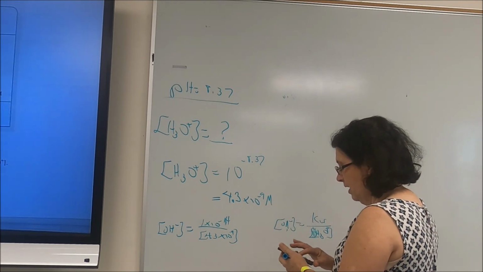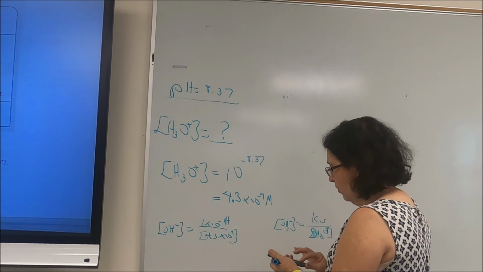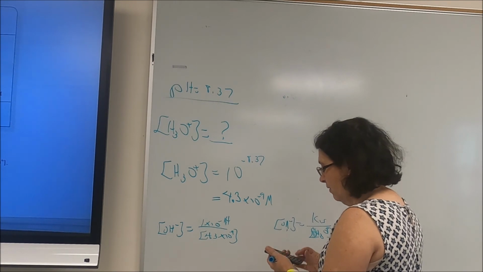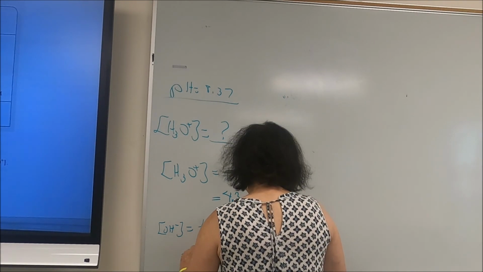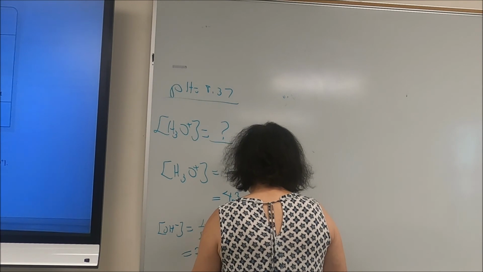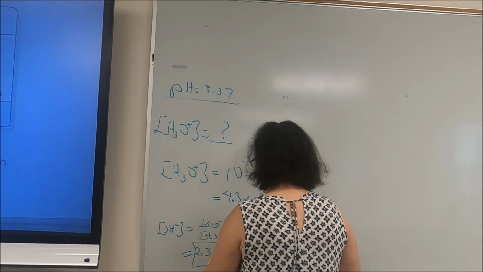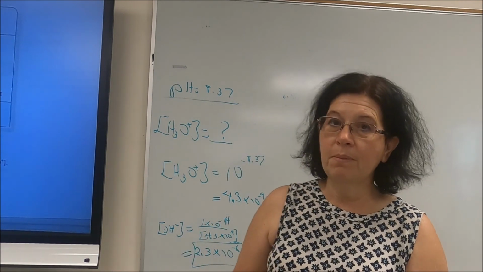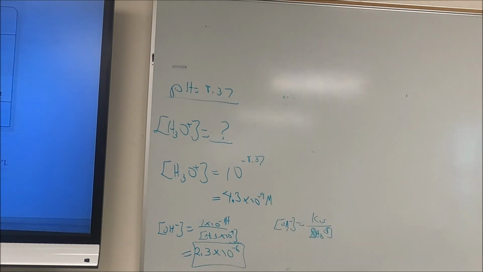One exp 14 negative divided by 4.3 exp 9 negative. And I get a value here of 2.3 times 10 to the minus 6. Okay? So you should be able to go from pH back to hydronium ion concentration.